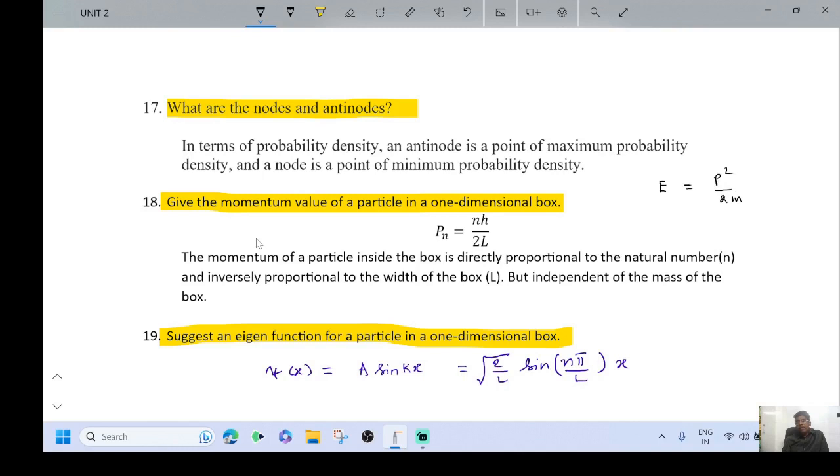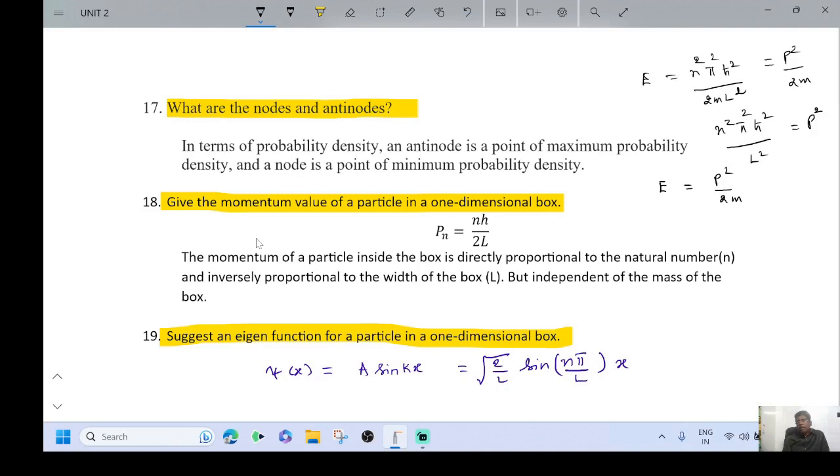Here the value of E equal to n square pi square h cross square divided by 2m L square. This is equal to p square by 2m. Then n square pi square h cross square divided by L square is equal to p square.